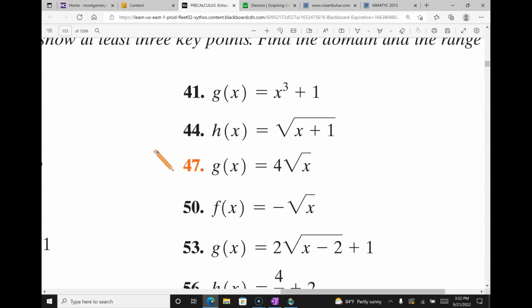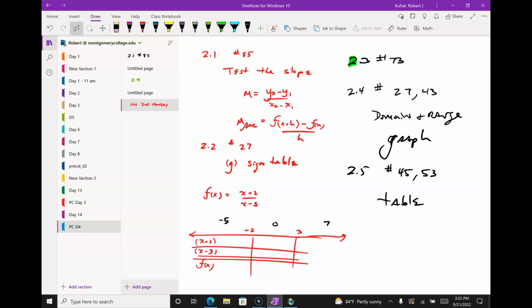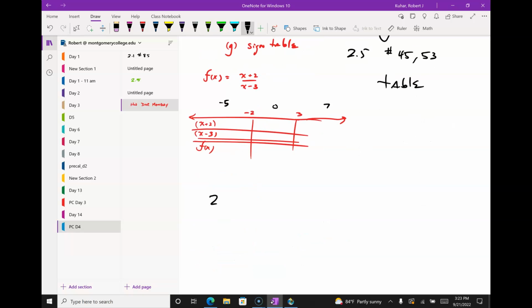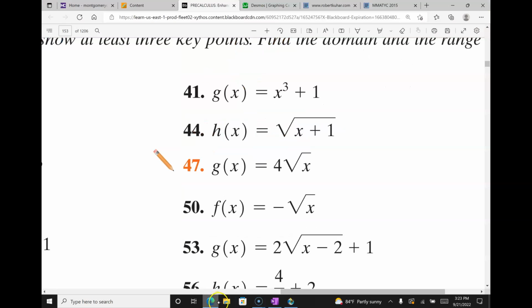So, like in 53, I want a table, right? So 2.5, number 53, starts with my function being 2 square roots of x minus 2, all plus 1.